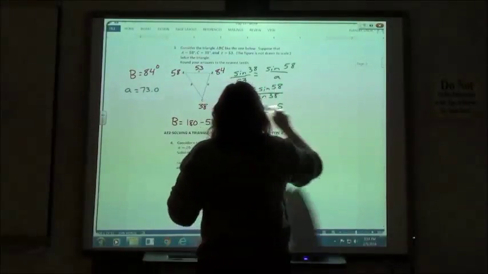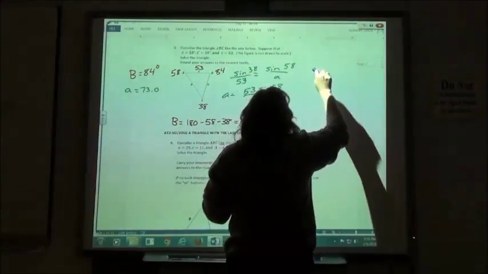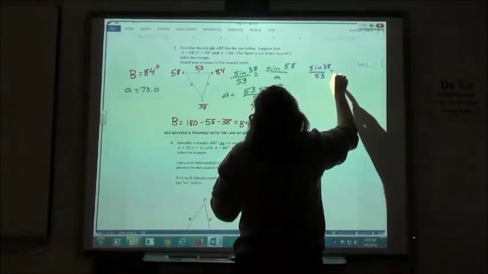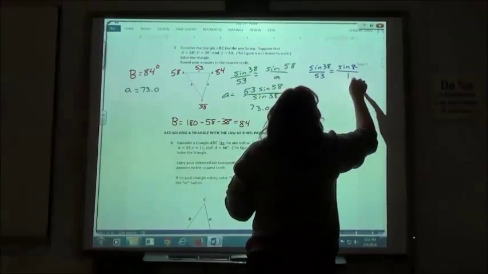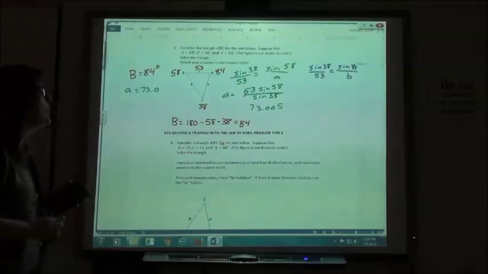Then we're going to do B, so we would still use the sine of 38 over 53. That is going to equal the sine of B, which is 84 over B. My 84 doesn't want to show up there because it says page 2.